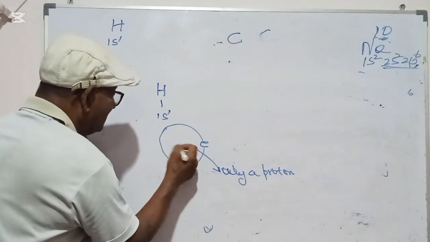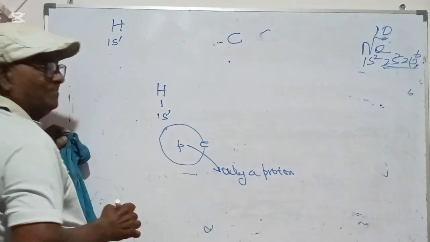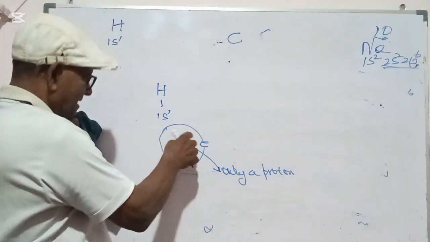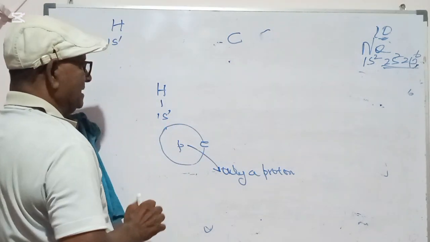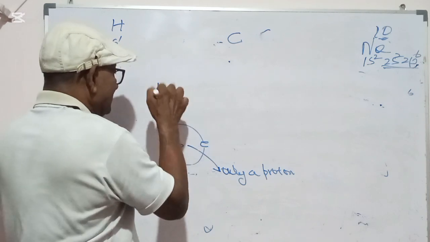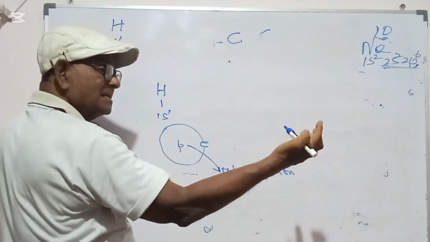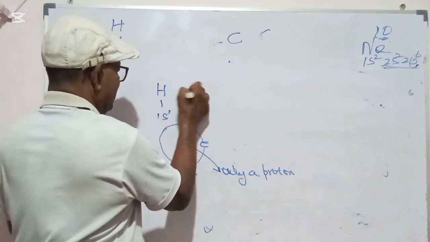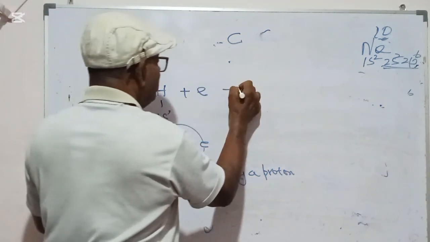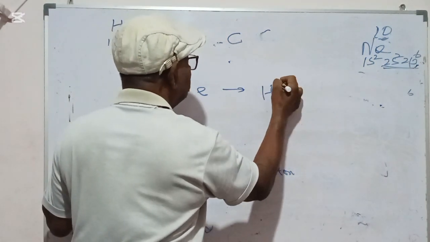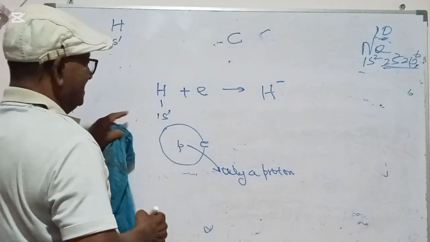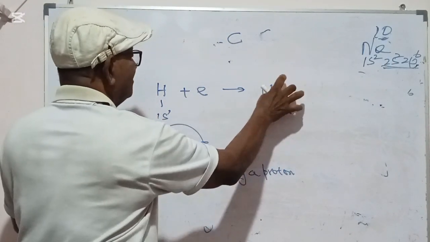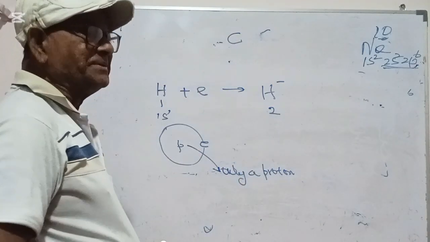So this is a proton. The nucleus is the proton. It has only one electron. Then it can take the configuration of helium to be stable. It gains an electron to form H-. Now it has two electrons, one excess, one minus. Hydride ion.